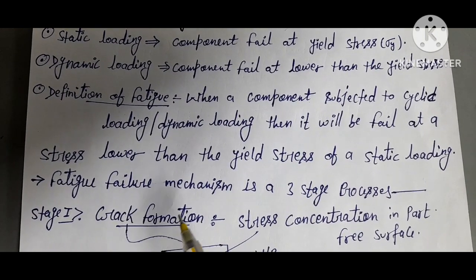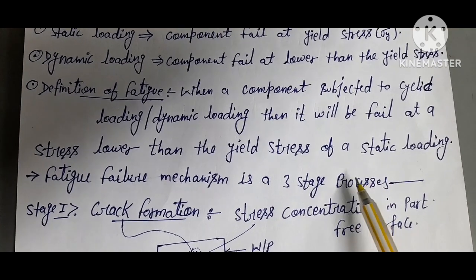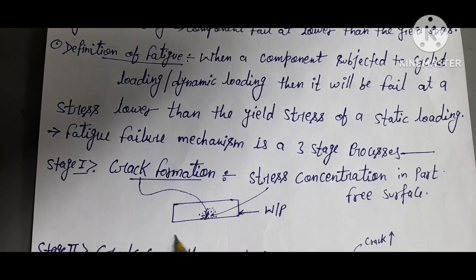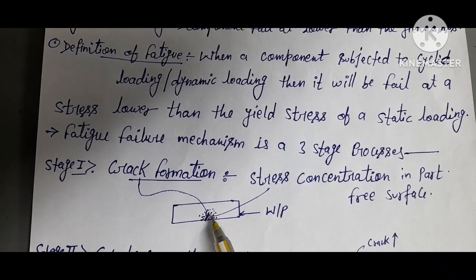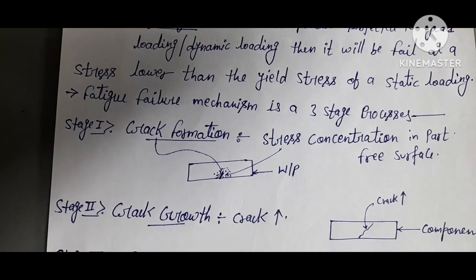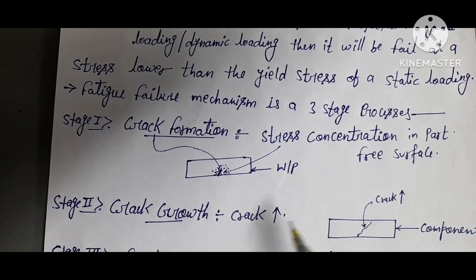Friends, the fatigue failure mechanism has three stages. The first one is crack formation. This component has higher stress concentration at the free surface, and here crack formation will happen. Now the second stage is crack growth.